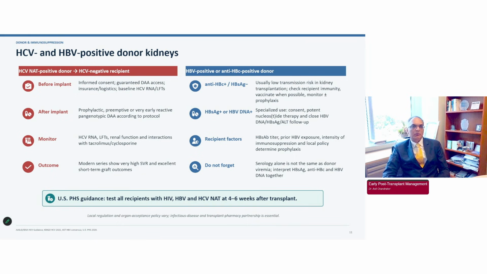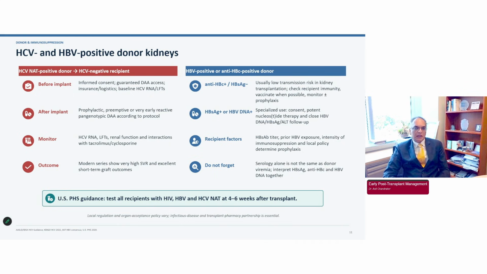There are a few important points to remember, though. The patient needs to have informed consent, you need to be able to treat the patient immediately with antiviral therapy, and if you do not know the genotype of the hepatitis C, you need to make sure that the patient has access to pan-genotypic therapy, which can be switched afterwards.